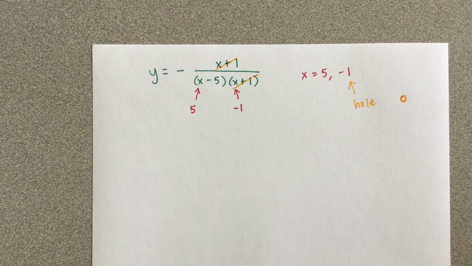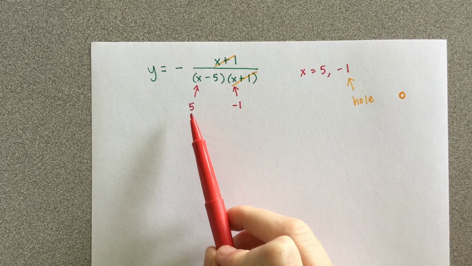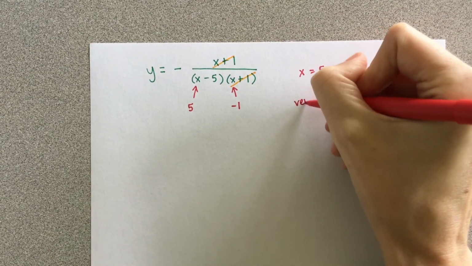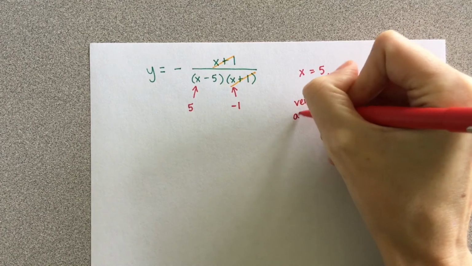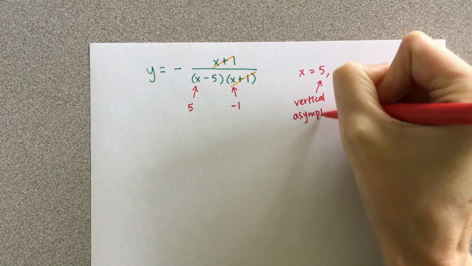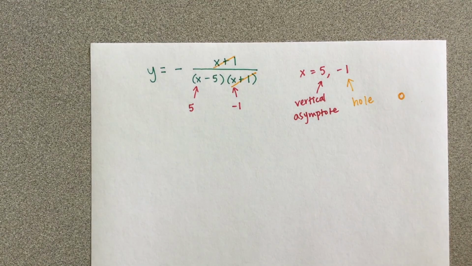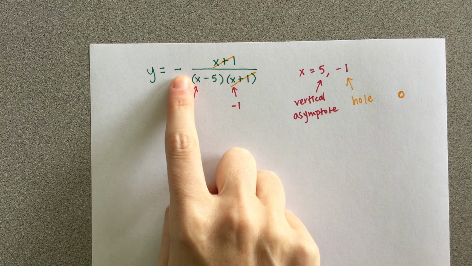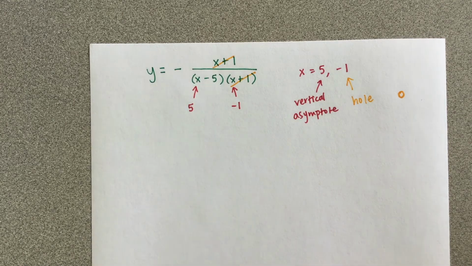And then the x minus 5, the factor that did not cancel out in the denominator, is where there is going to be a vertical asymptote. So we're going to take a look at the graph and see if this really is true. And before we look at the graph, notice this does have a negative in front of the fraction. So be thinking about how that's going to change the graph.